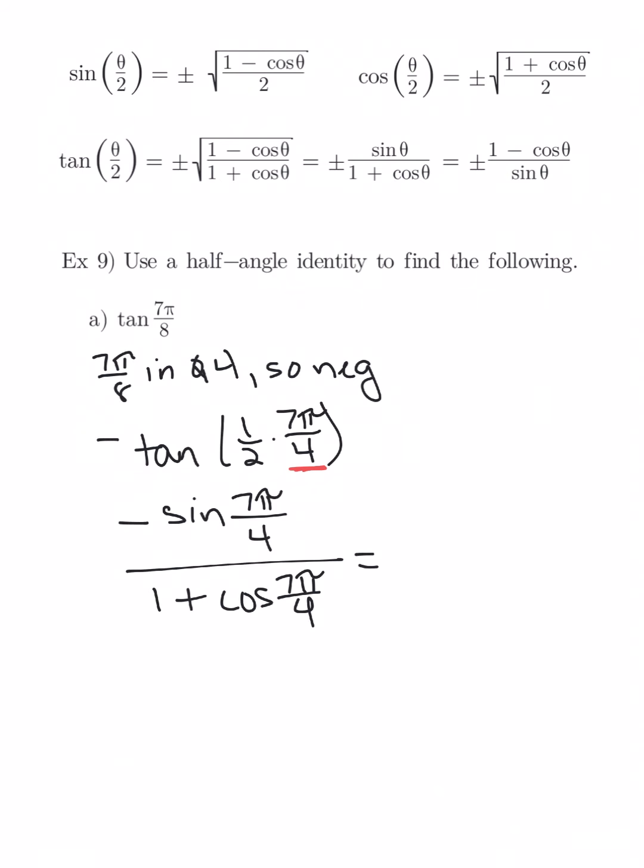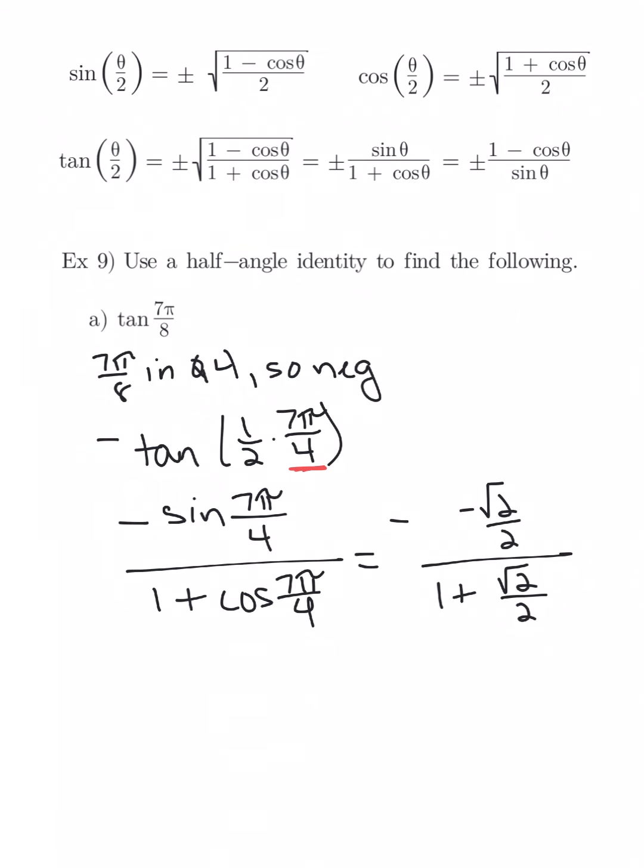So we've got a negative sign out front, and then the sine of 7 pi over 4 is negative square root of 2 over 2. That goes over 1 plus the cosine of 7 pi over 4, which is positive square root of 2 over 2.